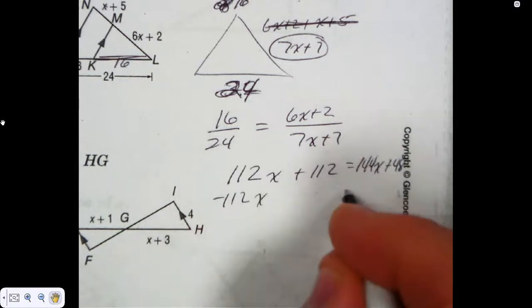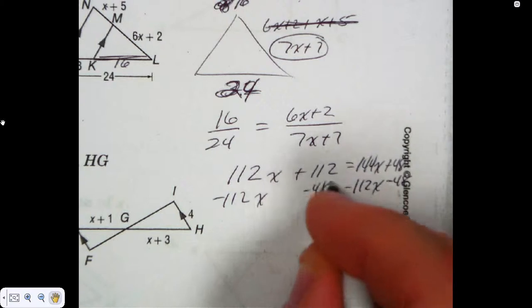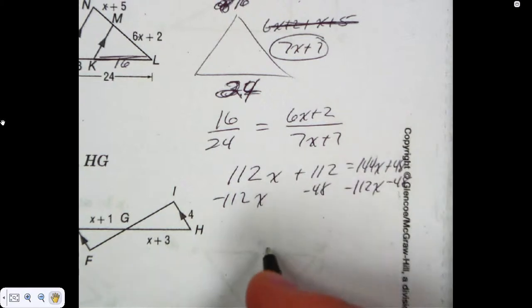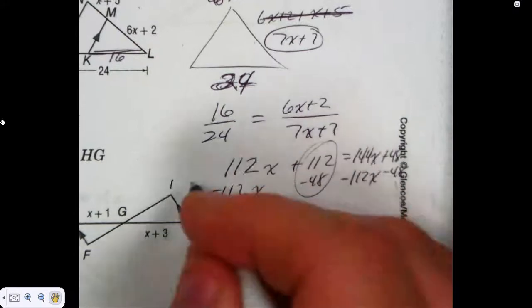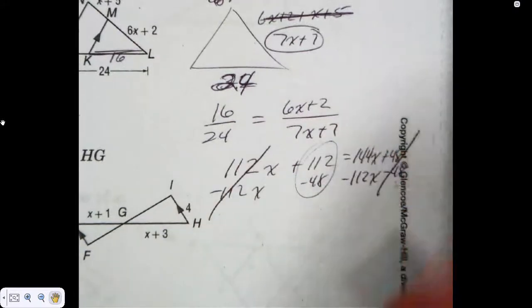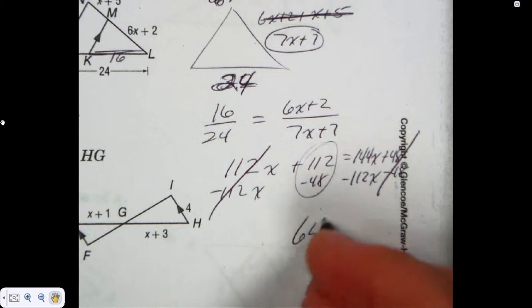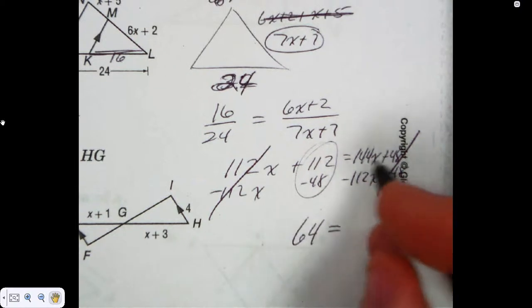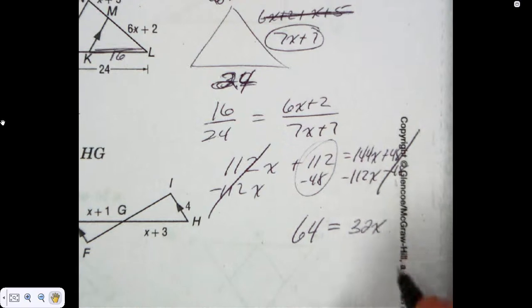Subtract 112x. Subtract 48. What's left on the left side of the equation? Right here, that goes to 0. That goes to 0. What's left? Is equal to, what do these two add to? Divide both sides by?